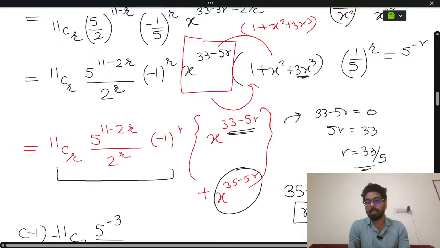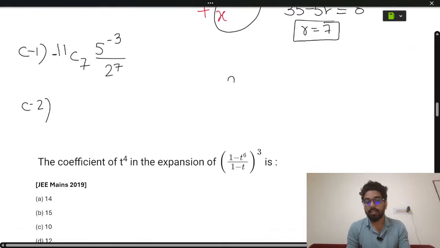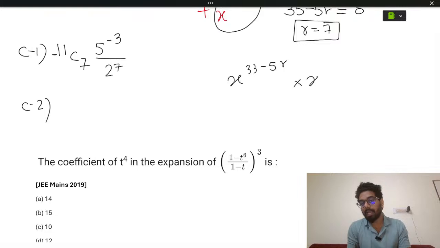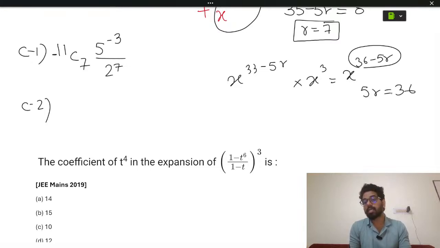Now here we are multiplying 3x cube also. Again same thing, 33 minus 5r. Now what we are going to have? x to the power 33 minus 5r when multiplied with x cube becomes x to the power 36 minus 5r. Now, if it is a term independent of x, then this has to be 0. So 5r is equal to 36, not possible.